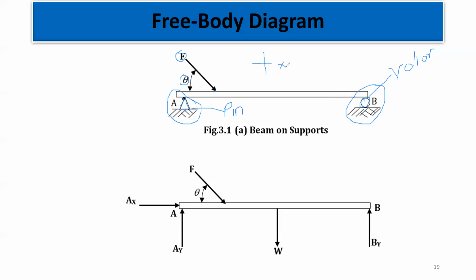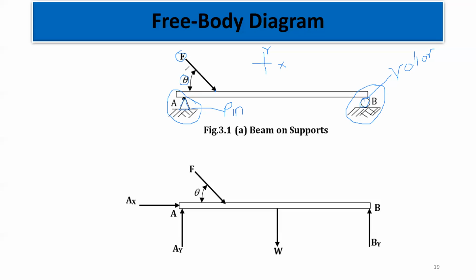This is the x-axis, and that is the y-axis. So we have a force in the x, and then a force in the y. Whenever you see a pin support, expect two reaction forces.